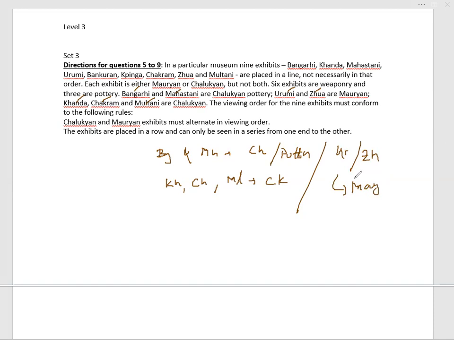That is what we have. Achha, 5 Chalukyans are there. So that means orders are like this: 1, 2, 3, 4, 5, 6, 7, 8, 9. All odd places Chalukyan. All even places Mauryan.